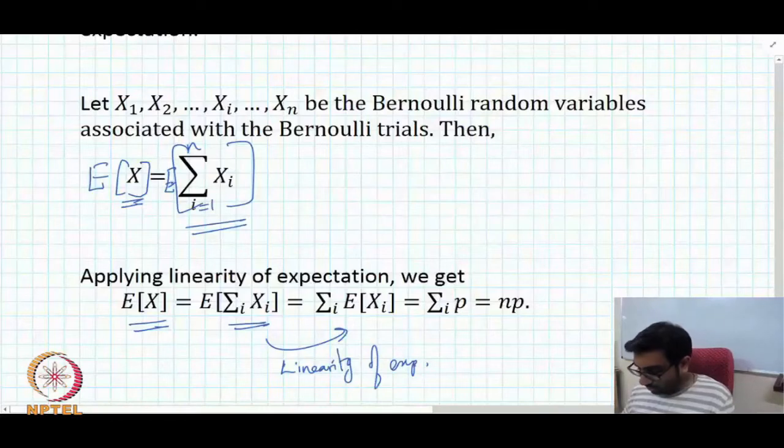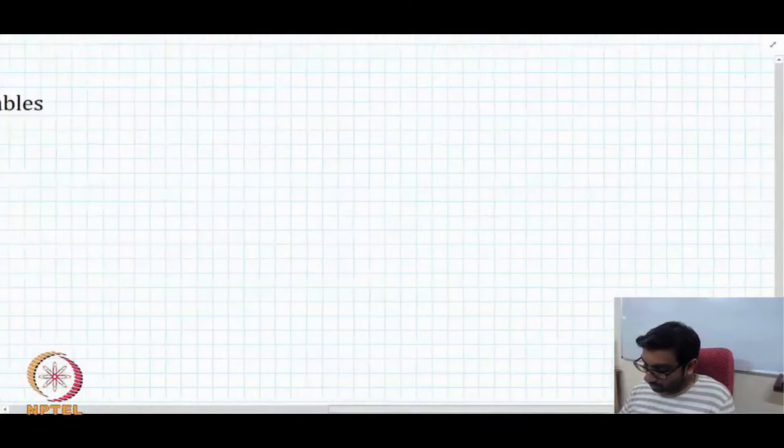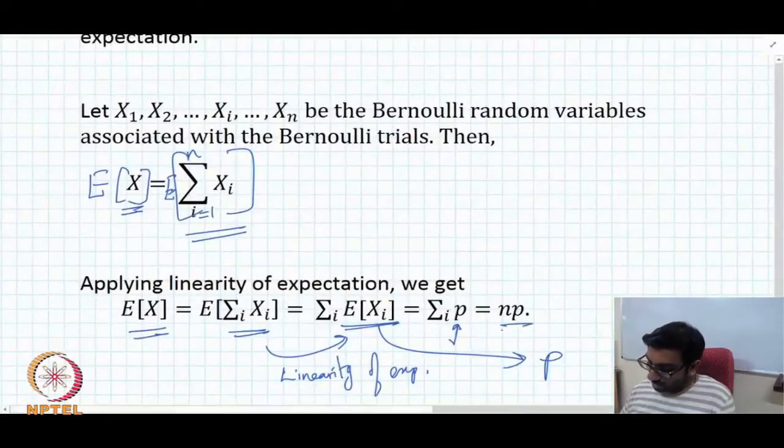So the expectation goes inside and the summation comes outside, and you get the summation over i of the expectation of the individual Xi's. But we already know that the expectation of an individual Xi is nothing but P. And we're summing it up over n different values of i, and in each case the P value is common, so the total is n times P, which is the expectation of the random variable X.